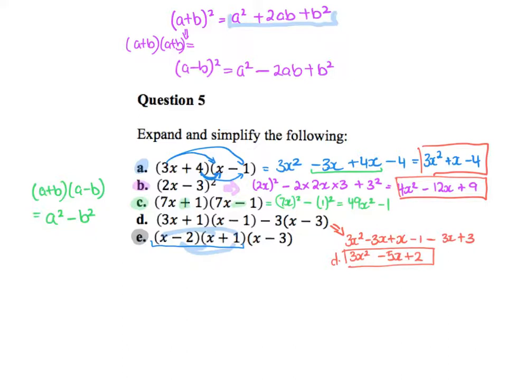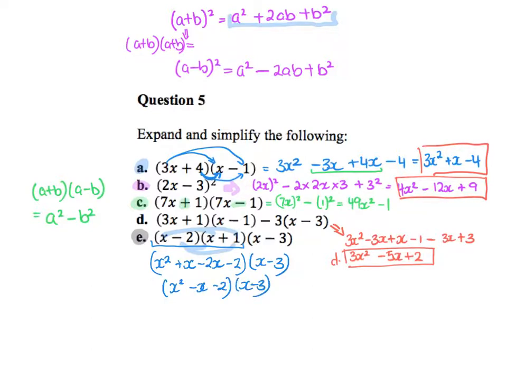So x times x is x squared, x times 1 is x, negative 2 times x is negative 2x, and negative 2 times 1 is negative 2. So that's what I'd have, and then I'm still multiplying it by this one. I'm just going to tidy up this first bracket by grouping the like terms. So x minus 2x will be minus x, and x minus 3.